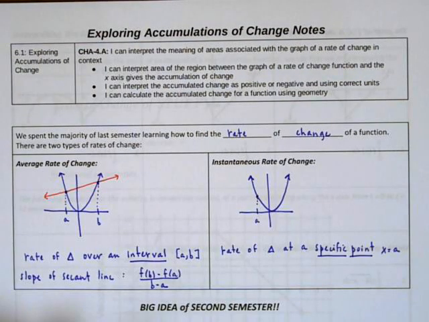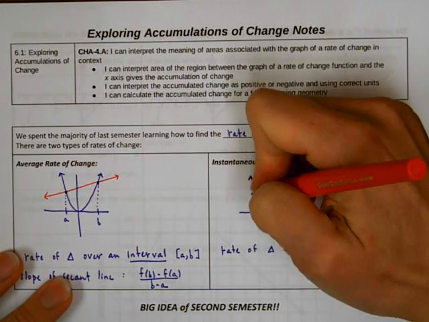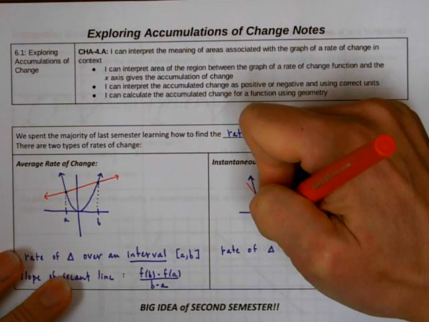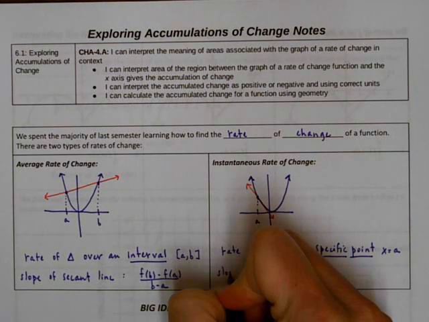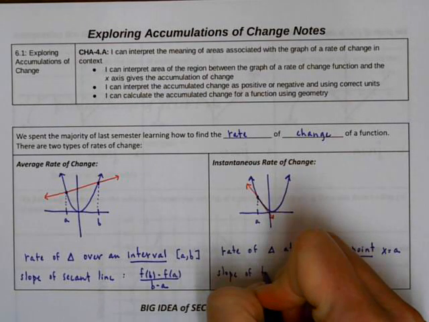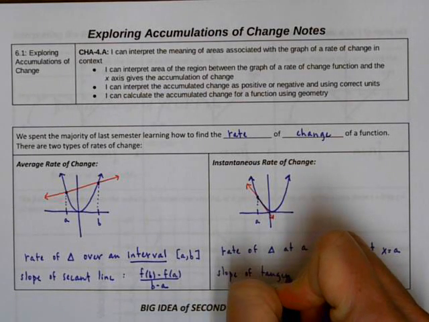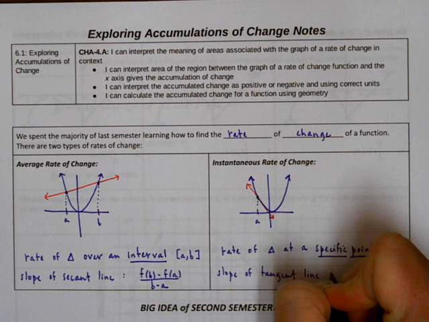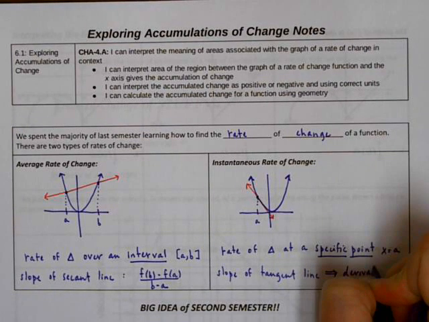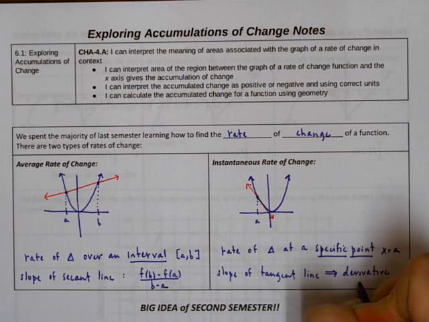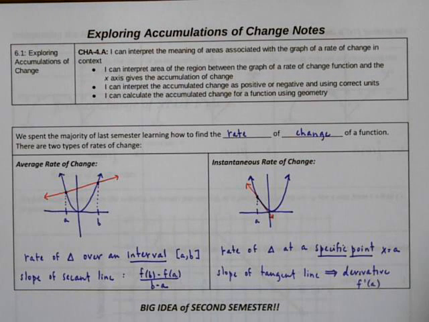Now I don't have that secant line. I'm talking about the rate of change at that one point. So now we're really talking about the slope of the tangent line, which we know is the derivative, and we represent that by f prime of a.